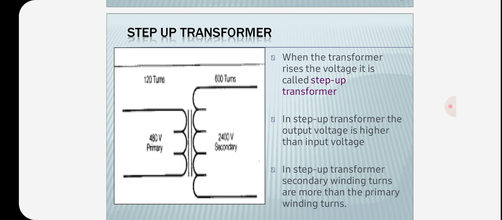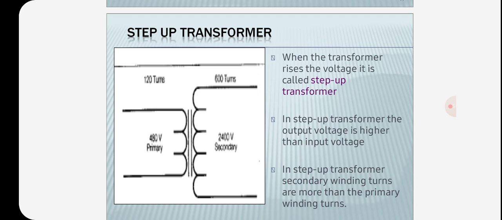If N2 is equal to N1, E2 is equal to E1, V2 is equal to V1, the secondary voltage will be equal to primary voltage. So the transformer is called 1:1 ratio transformer. The winding connected to higher voltage is known as high voltage, means HV winding, and the winding connected to lower voltage is known as low voltage LV winding.